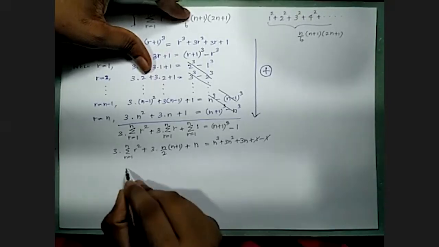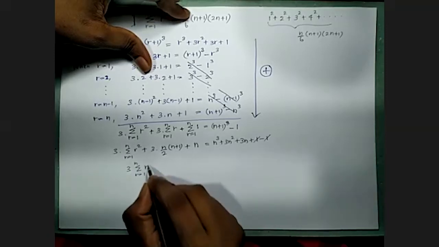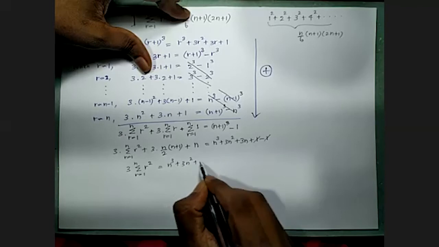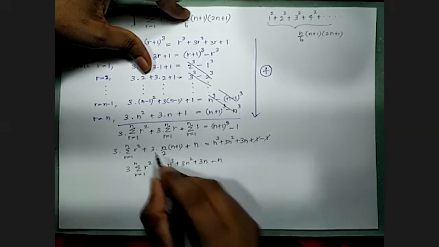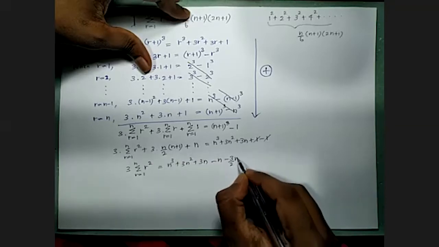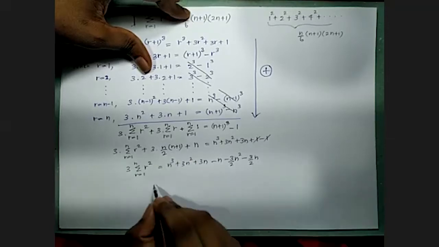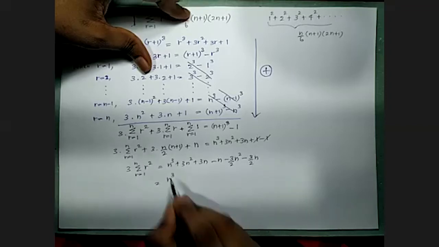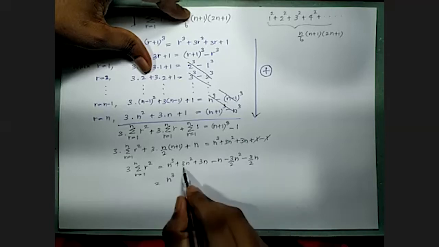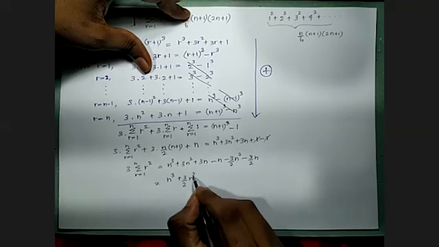Now simplify. Take these two terms to the left, right hand side: n cube. Take this n. This is minus 3 over 2 n into n, that is 3 over 2 n square. 3 over 2 n into 1, it is minus 3 over 2 n. There is no n cube term. And here we have two n square terms, like terms, simplify. When we simplify these two, you get plus 3 over 2 n square.